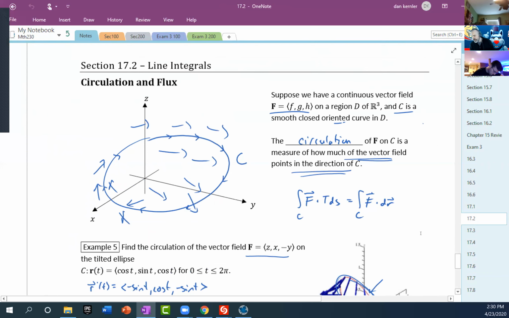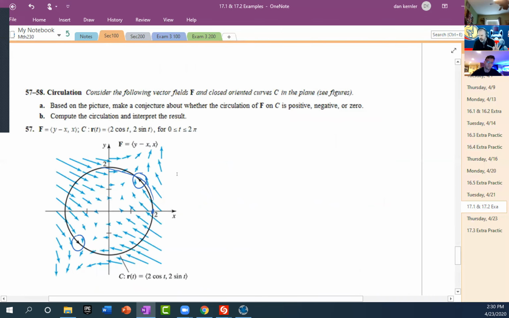Okay, so the circulation is a measure of how much of the vector field points in the direction of C. So we want to go back to where we were and just make a conjecture, looking at the path as we move around it, and how much of the field is in the direction of our movement. The question is, do we think it's positive or negative or 0? So let me see here.